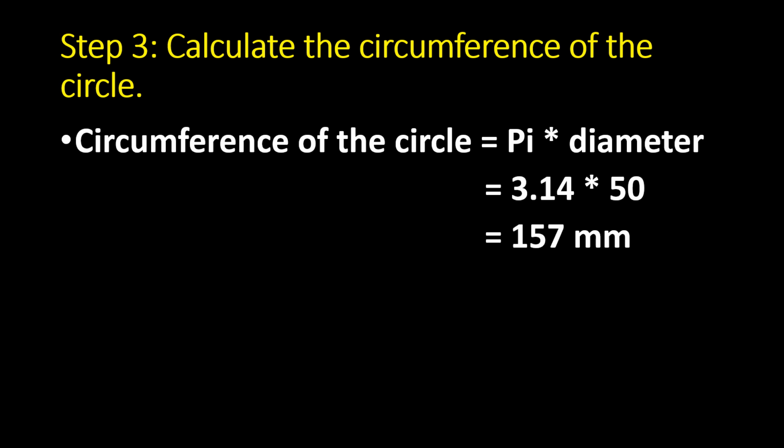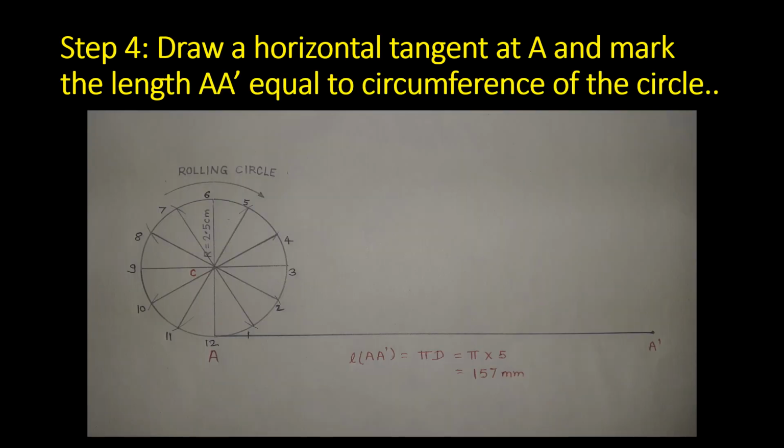So here circumference of circle is 157 mm. Step 4. Draw a horizontal tangent at A and mark the length A dash equal to the circumference of the circle, that is 157 mm, or you can measure 15.7 centimeter.